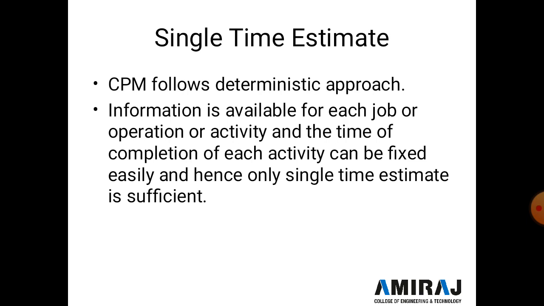So here only one time is estimated in a CPM network, and no calculation is required, only a simple calculation for the total time. If you are required to find the total time, kindly sum all the activities, so we easily get the total duration to complete the project.